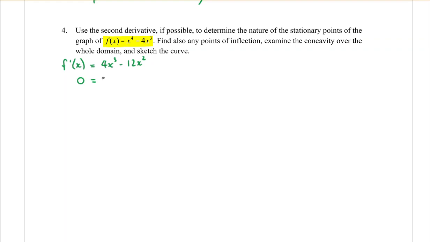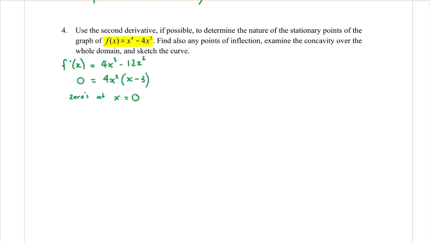I'm going to want to factorize it. So I'm going to factorize a 4x squared out, and that will give me x minus 3. Solving that equation from there, either the 4x squared is 0, which means that I have zeros at x equals 0.